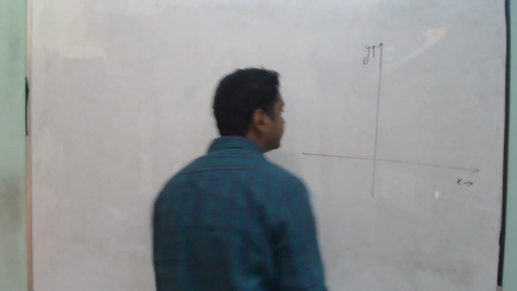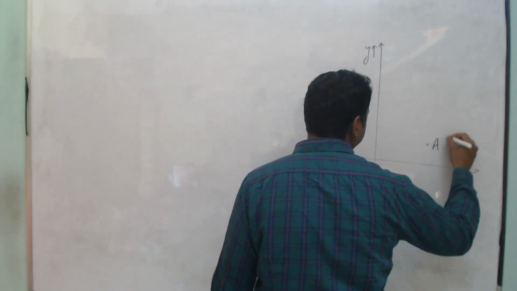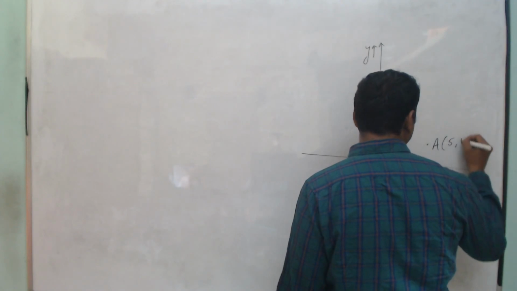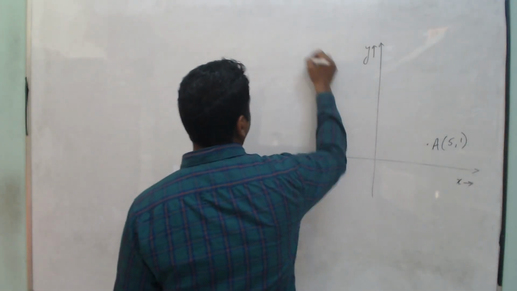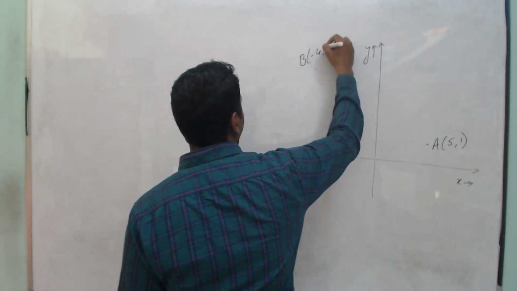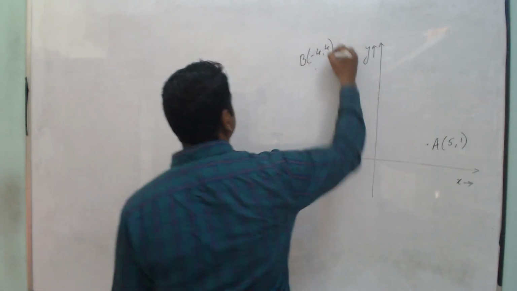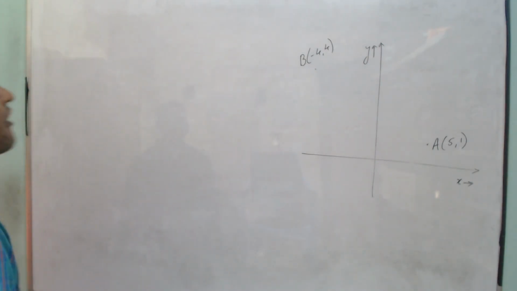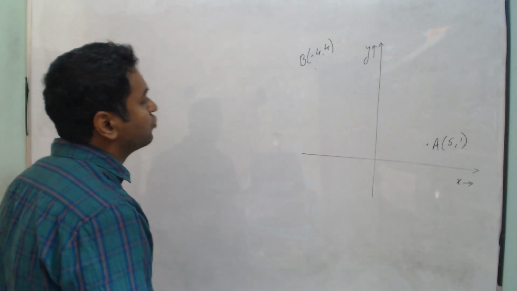X axis, y axis. Let us take 2 points. Point A is 5 comma 1 and point B is minus 4 comma 4.